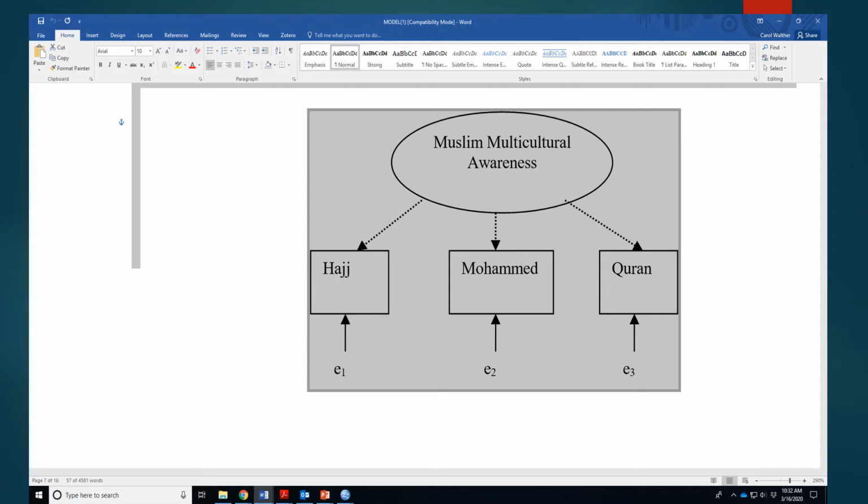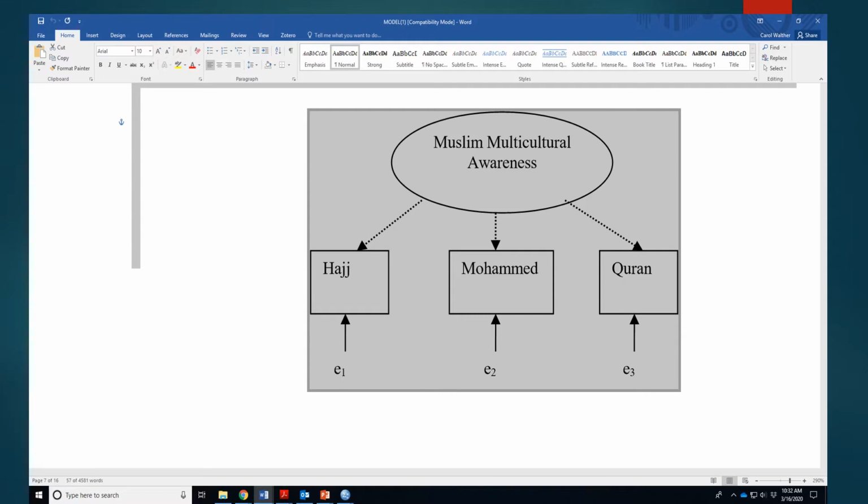And so in this figure, it's saying that the three manifest variables below, which means that you know what it means right away. So we know what the Quran means, we know what Muhammad means, and we know what the third one means also right away. So that is a manifest variable. So Muslim multicultural awareness can be measured by those three manifest variables.